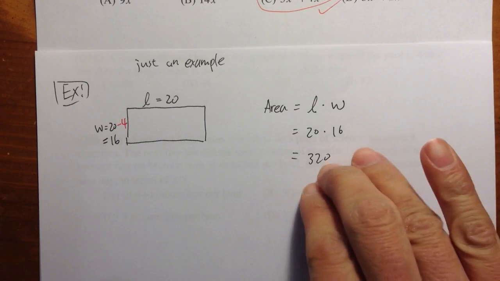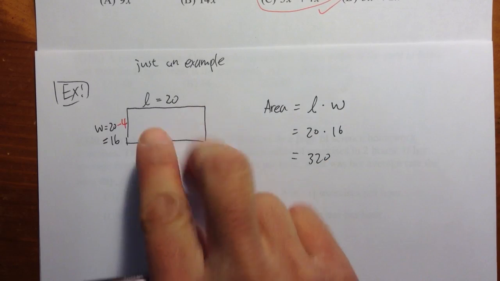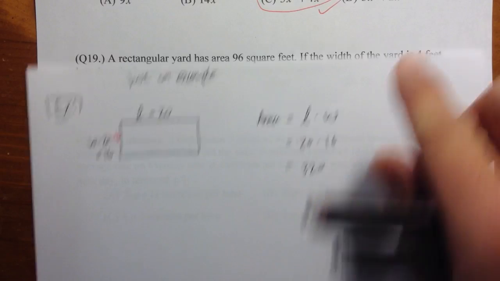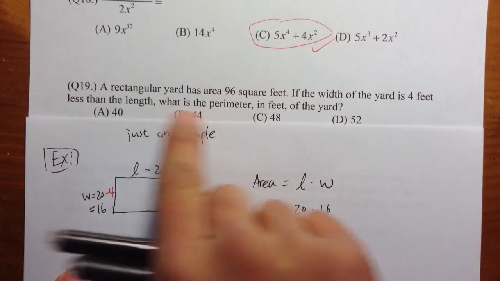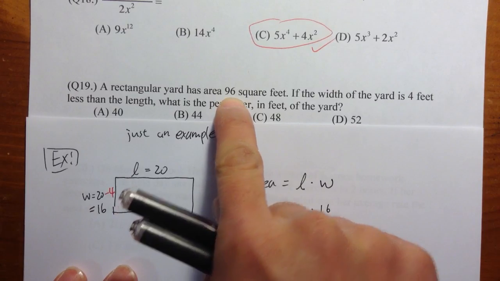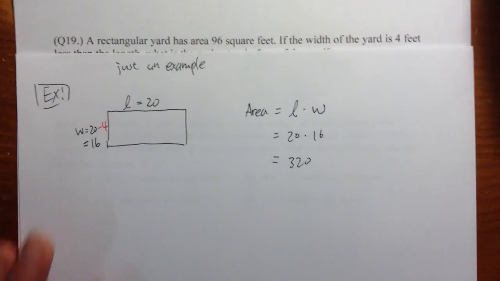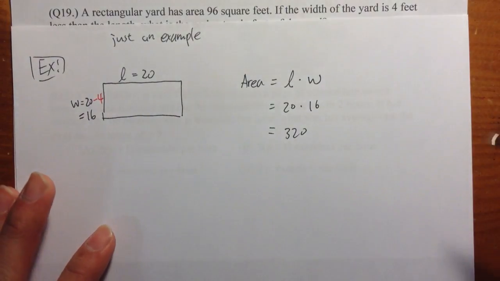So this will be the area if this is the rectangle we are talking about. As you can see, this is not the right answer, because in the problem we want the area to be 96, but we got 320. But I'm just doing an example, so I'm just reviewing all the formulas.